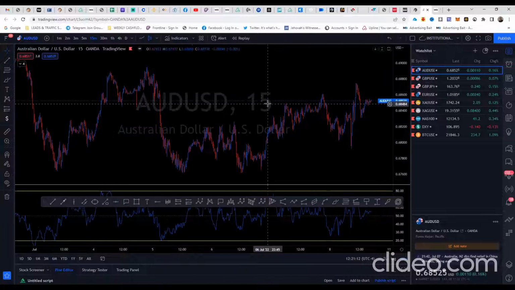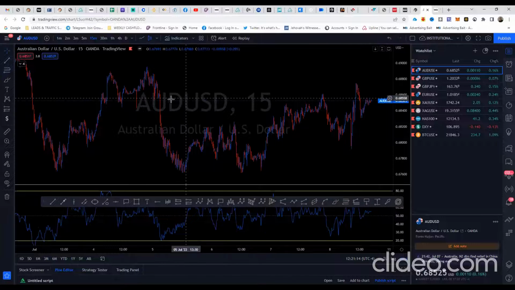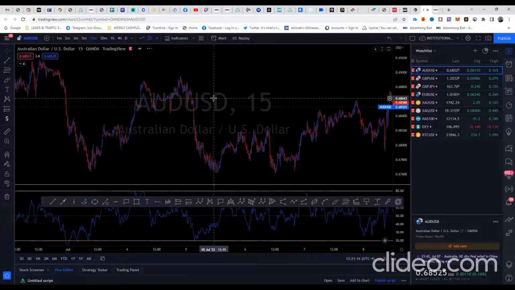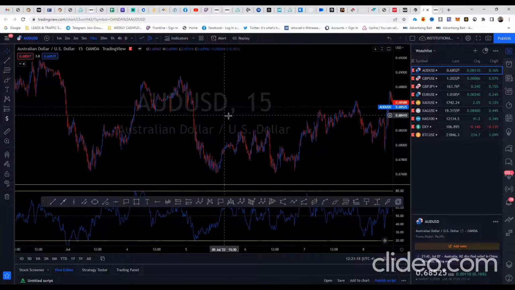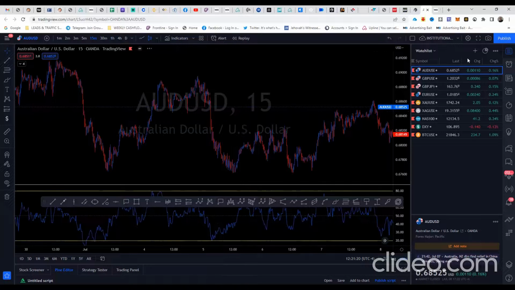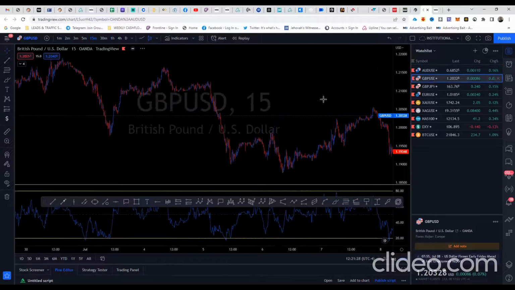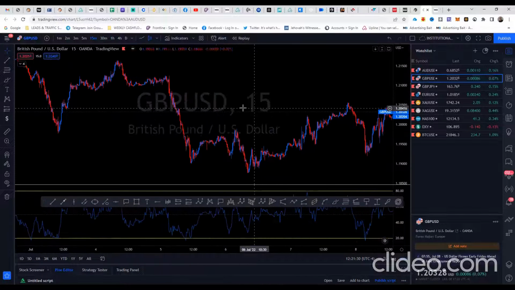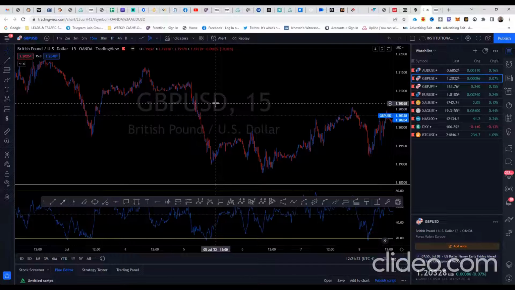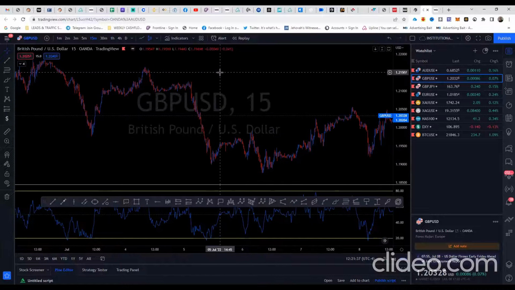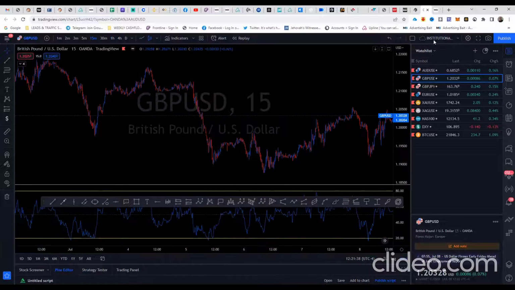But typically, I'm going to be looking for a nice setup. I don't mind trading consolidation if I have to, but I would rather trade a pair that's already trending, because then it lets me know that more likely price is going to continue in that direction.